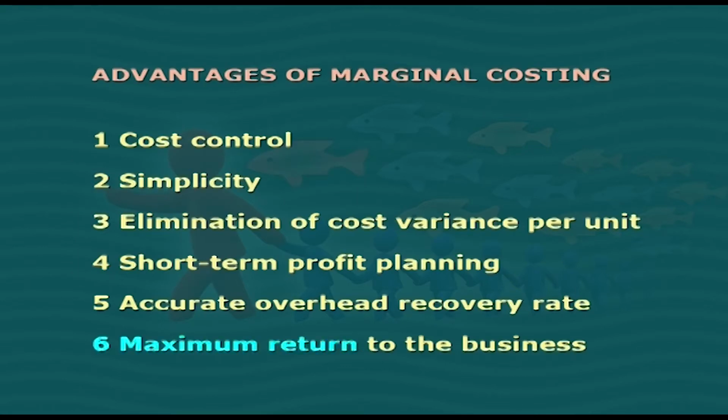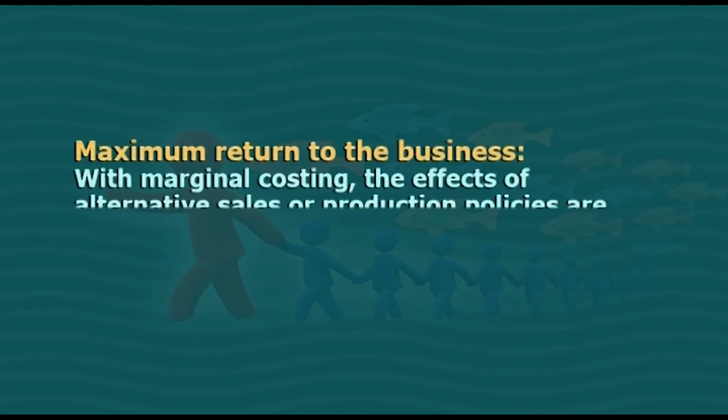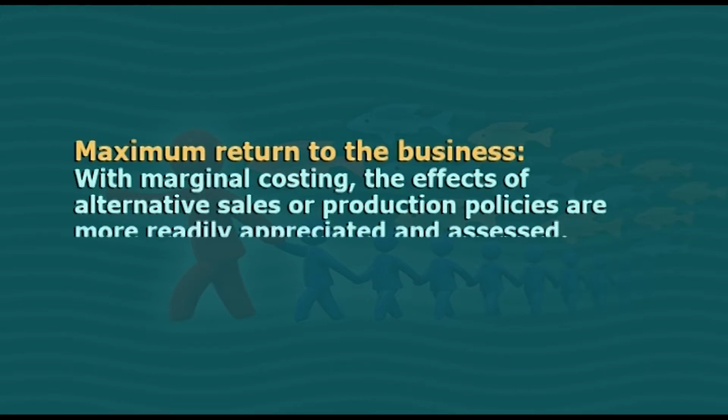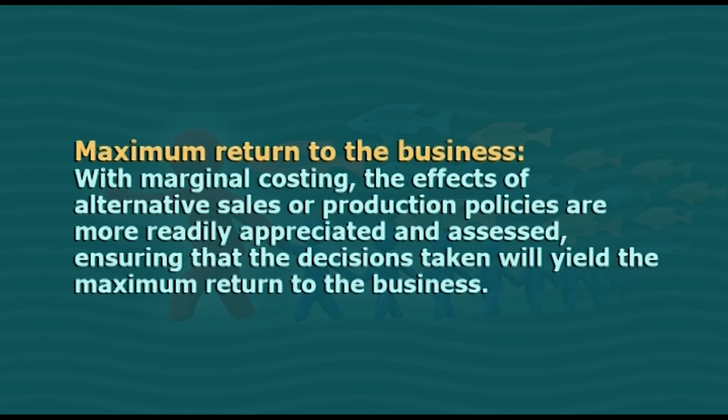Another advantage is maximum return to the business. With the help of marginal costing, the effect of alternative sales or production policies is most readily appreciated and assessed, ensuring that the decisions taken will yield the maximum return to the business.